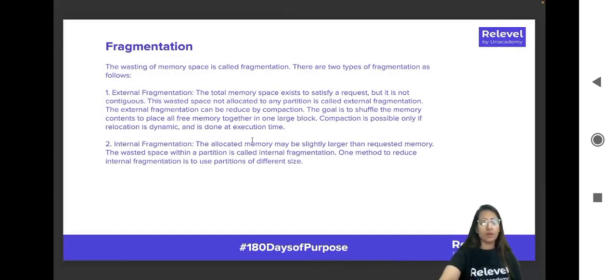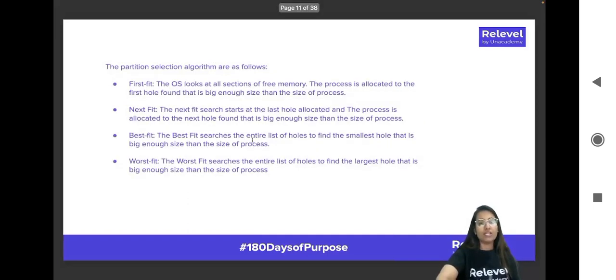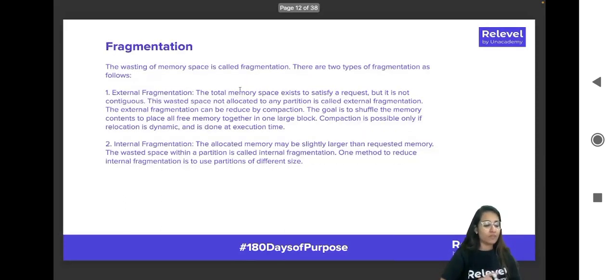It is the concept where a piece of memory gets wasted. So first, let's talk about fragmentation, and then we'll talk a little bit about partitioning selection algorithms as well. Always remember that wastage of space is a disadvantage of fixed size partitioning.